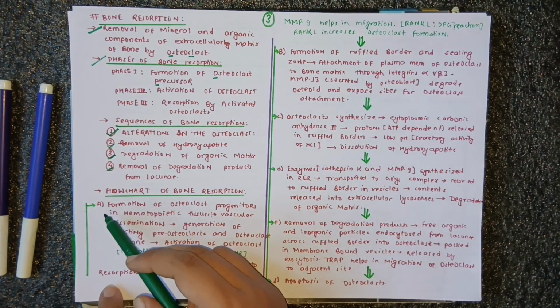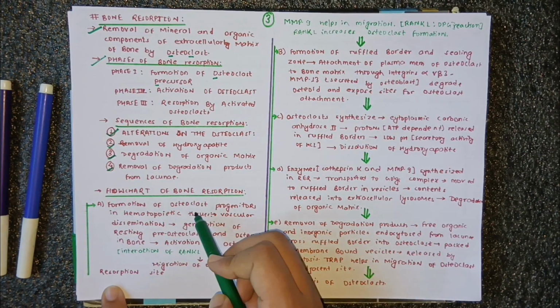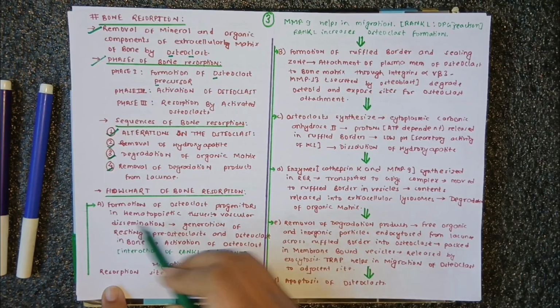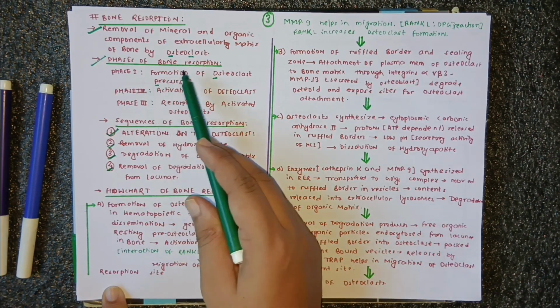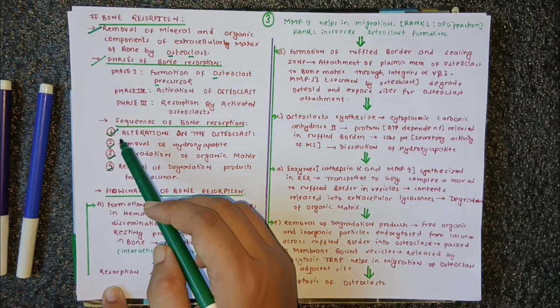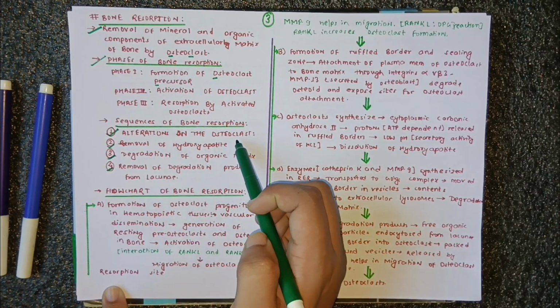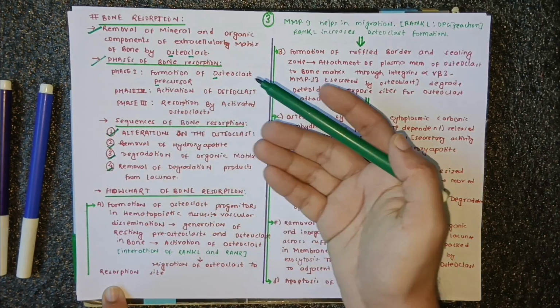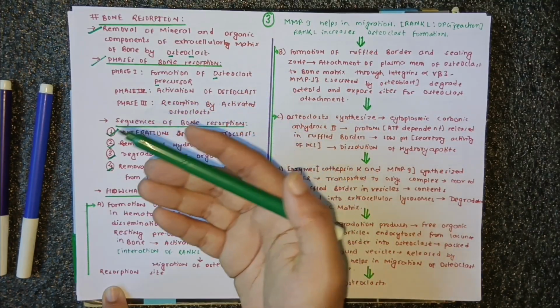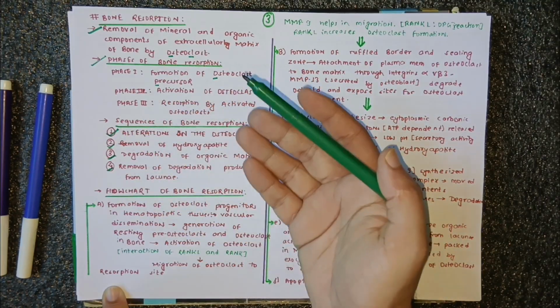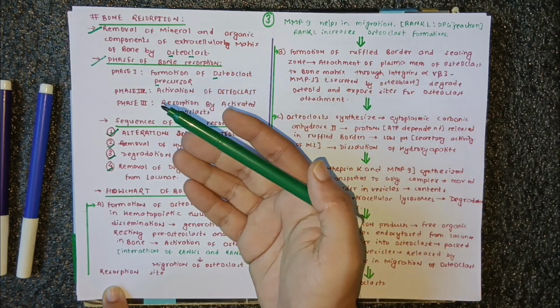In the first point, there is a formation of the osteoclast progenitor in the hematopoietic tissue. As the first step is alteration of the osteoclast, before the formation of the osteoclast there should be presence of the osteoclast progenitor, the precursor cell.